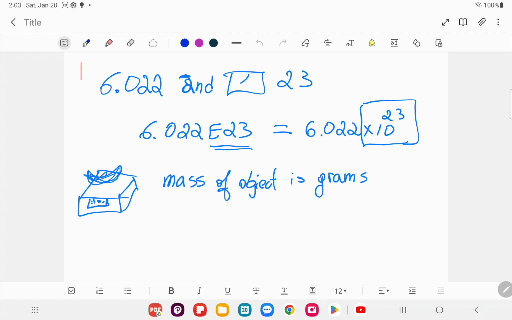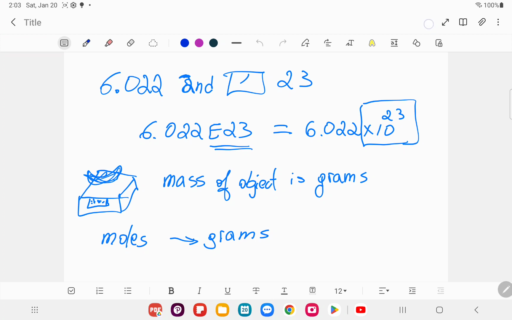Now, how do we move from the concept of, for example, if I give you moles, our main task right now is the following. We've got to move from moles to grams. Now, what does this mean?